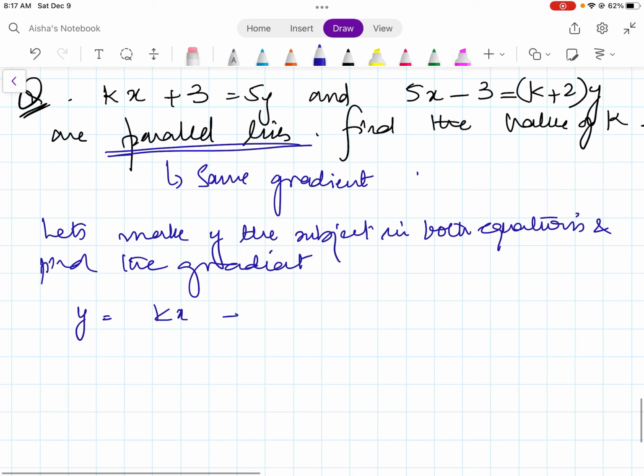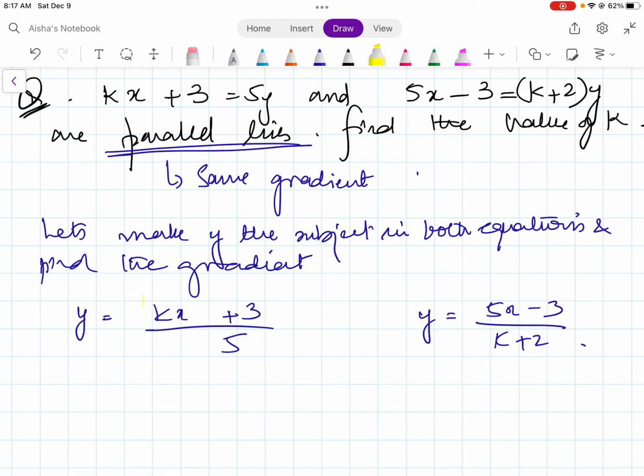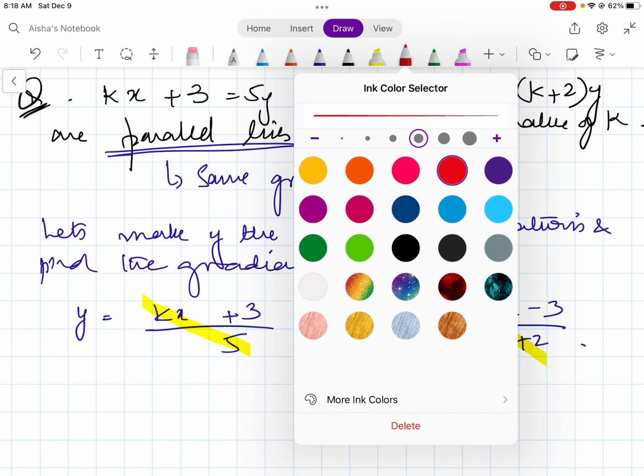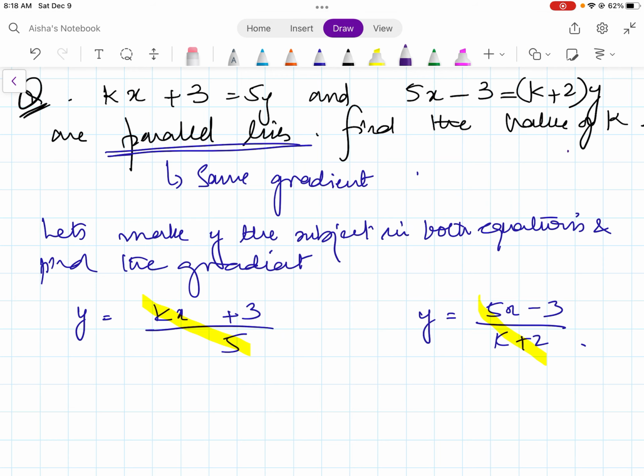So y equals kx plus 3 upon 5. y equals 5x minus 3 upon k plus 2. So my gradient will be k upon 5 and 5 upon k plus 2. I did not divide it individually, but you should know how to pick it up even if you don't.